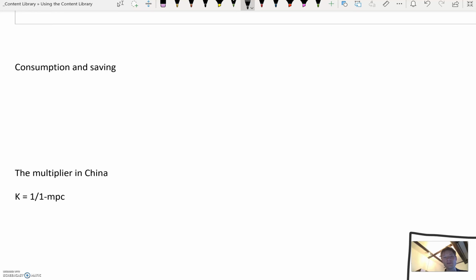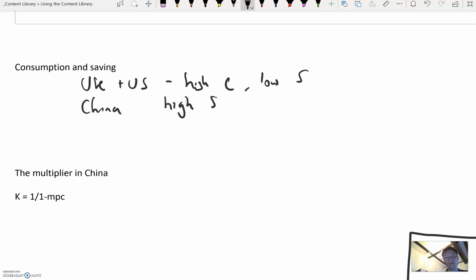Consumption and saving, therefore, are the inverse of each other. The higher the consumption in your economy, the lower the saving. So the UK and US, they're going to have high consumption and low saving. In China, because we have high saving, we have low consumption. So there's that relationship you see there.